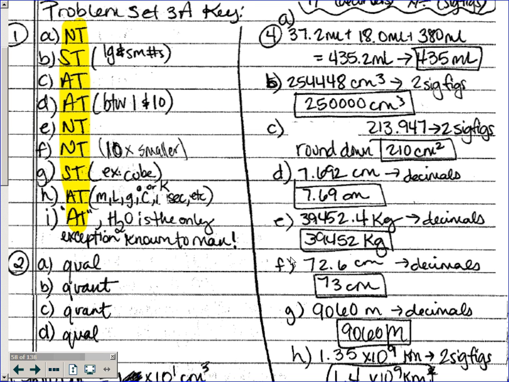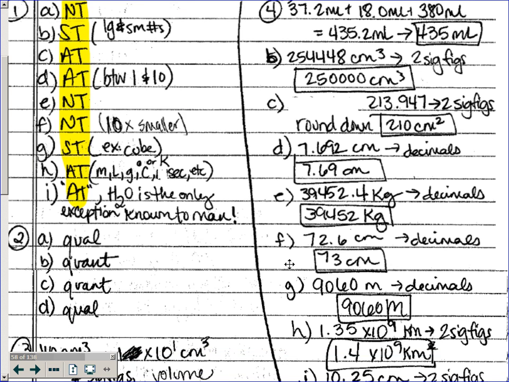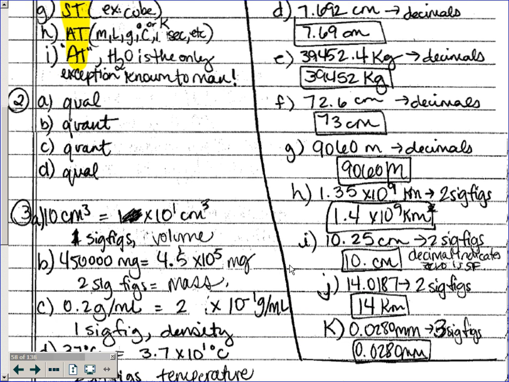E, 39,452 kilograms. F should be 73 centimeters. G, 9,060 meters.